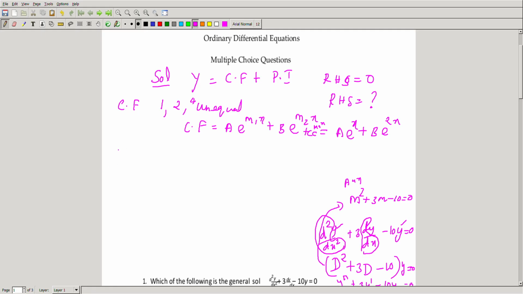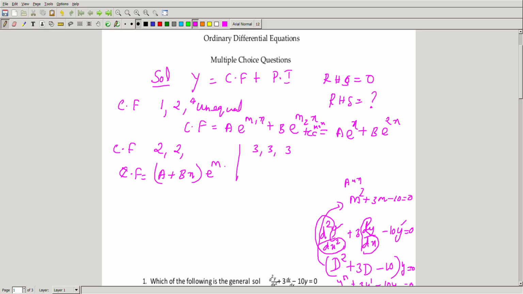Next type: if the roots are equal, for example 2, 2, or 3, 3, 3. Here three are equal, there two are equal. So how to write the general solution? It is a linear equation. y is equal to the complementary function, CF, which is equal to (a plus bx) into e power mx.